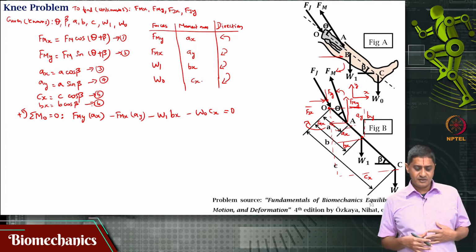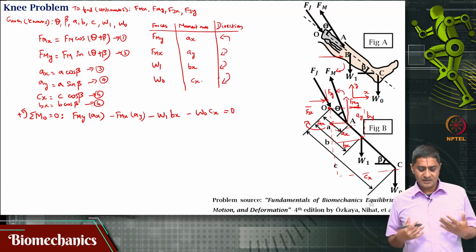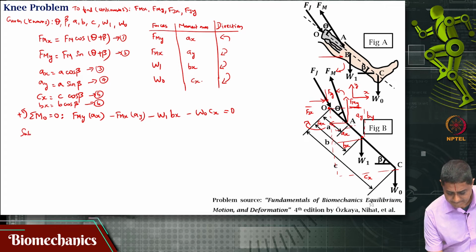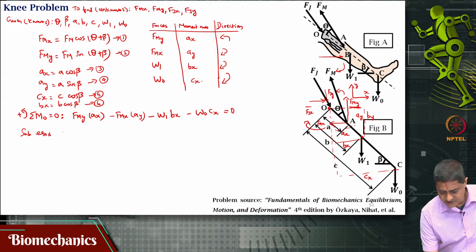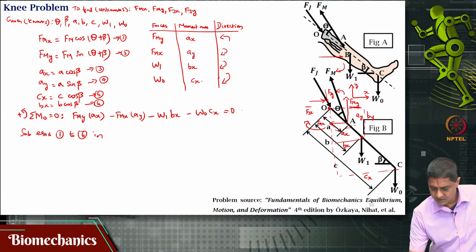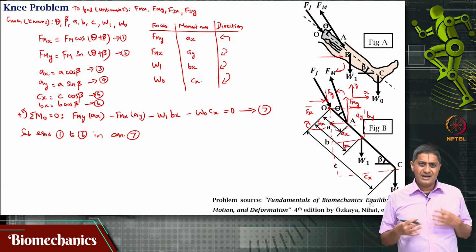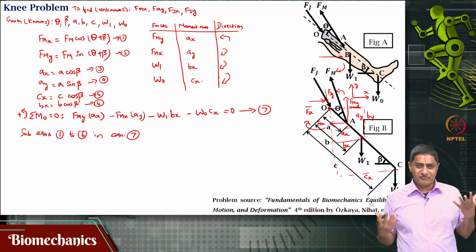Now, substitute for Fmx, Fmy, Ax, Ay, Bx and Cx, that is substitute equations 1 to 6 in this equation, which I am going to call 7, and try to simplify.